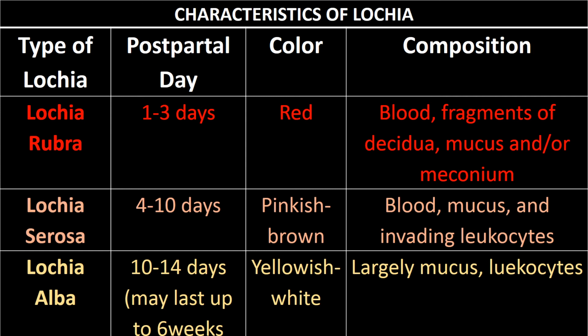It is pinkish brown in color because there is lesser blood. However, it is still composed of blood, mucus, and invading leukocytes. The third type of lochia is what we call Lochia alba, and it occurs on the 10th day up to the 14th day of postpartum, but some patients also experience this up to the 6th week of postpartum period. It is usually yellowish-white in color and is largely made up of mucus and leukocytes.